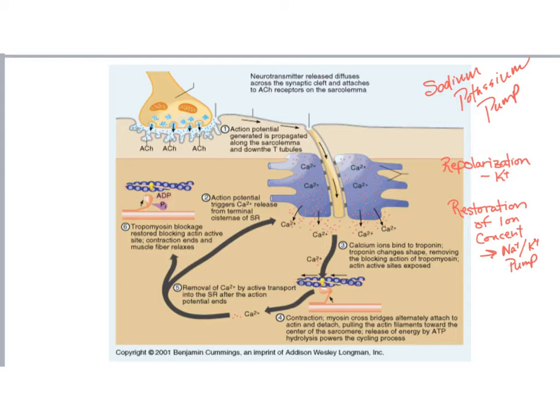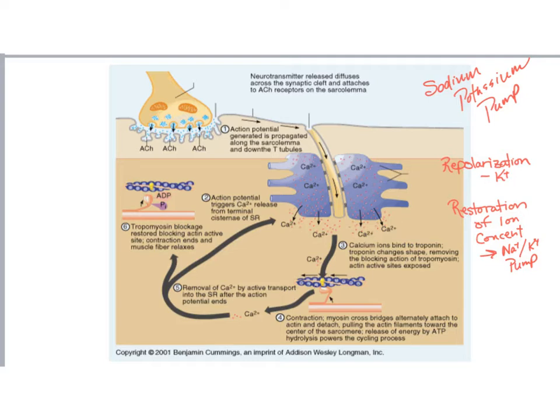So as soon as the action potential moves across an area, we have the leakage of potassium out with that sodium coming in, and then right behind the depolarization, we have the repolarization because of the movement of potassium.